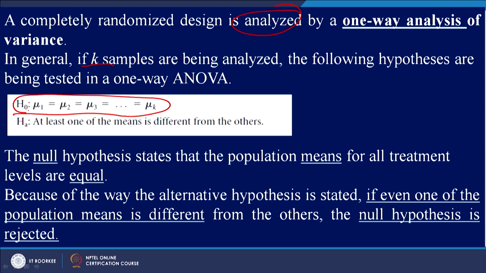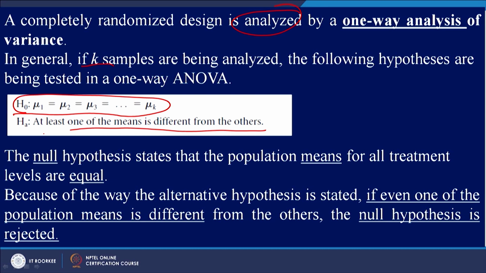So, there is no significant difference amongst these means: mu 1 is equal to mu 2 equal to mu k, right. This is our null hypothesis. The alternative hypothesis is that at least one of the means is different from the other means. Let us say there are 6 means. If mu 1 and mu 2 are not equal, then the alternative hypothesis would apply. So, this is the null hypothesis and alternative hypothesis.